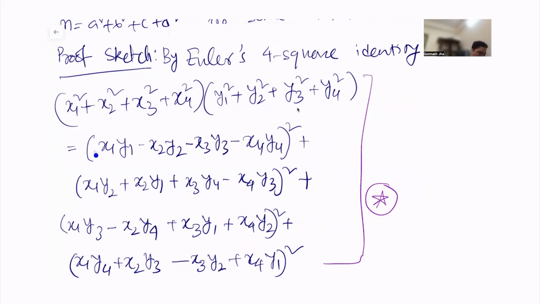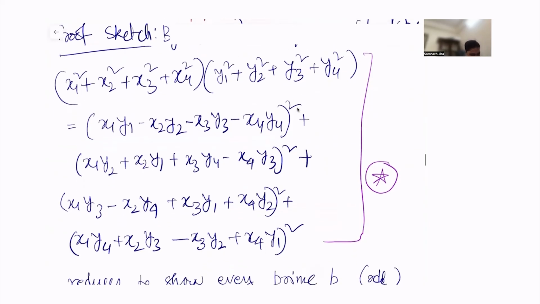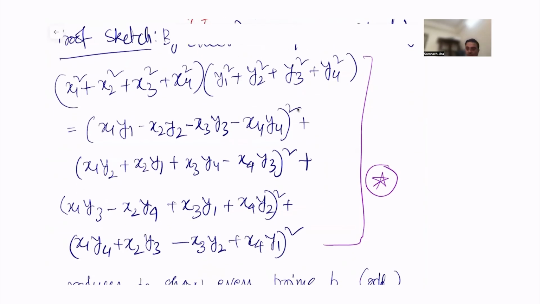I've arranged it so that the first component is x1, second is x2, third is x3, and fourth is x4. With x1, y1 will come, then y2, y3, y4. Then with x2, again y1, y2, y3, y4 all will come in like that. So it's modular signs. It's not that difficult to remember.